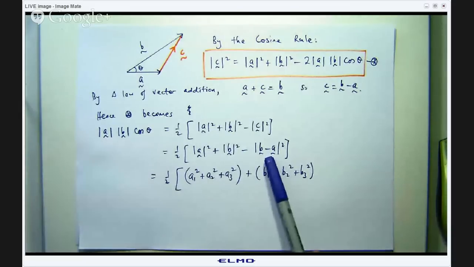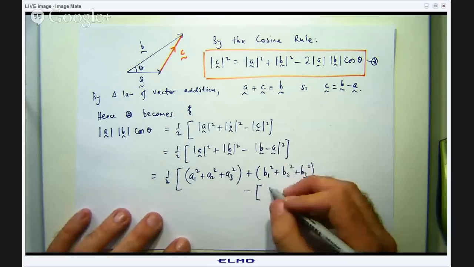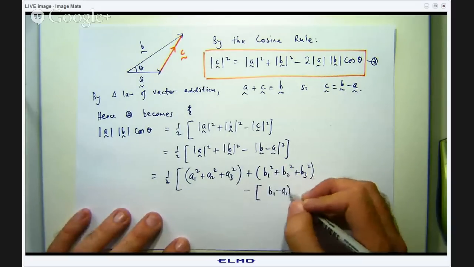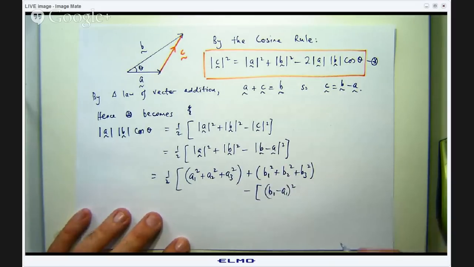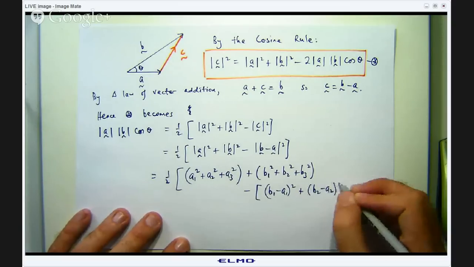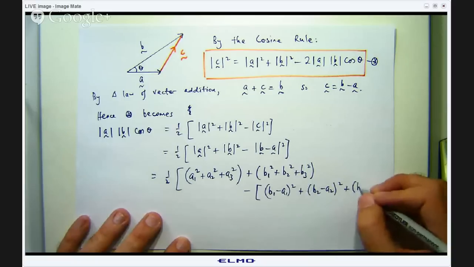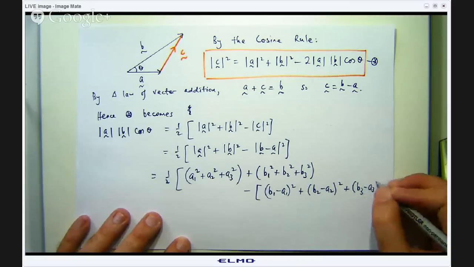And what have we got here? Well, this is one vector taken away from the other vector, and you just square the length of that. So again, in a component-wise fashion, it would be B1 minus A1 all squared, plus B2 minus A2 all squared, plus B3 minus A3 all squared.